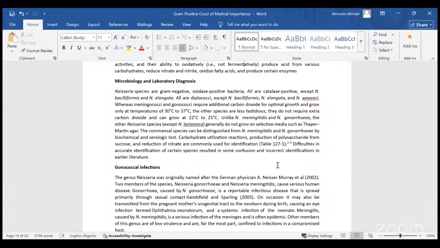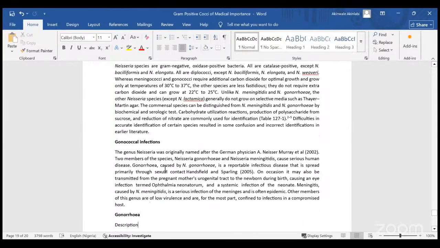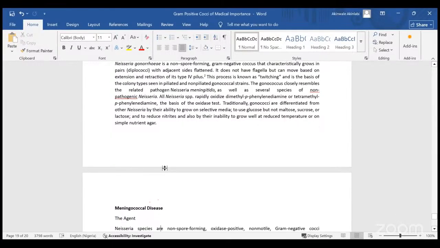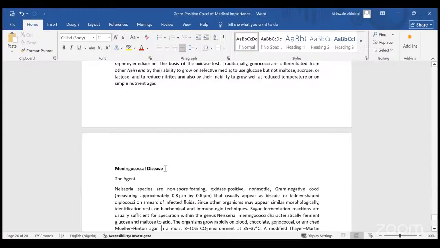So the little that we are able to package, let's know it, and let there be value for the lecture. Any question? Any question? No, sir.